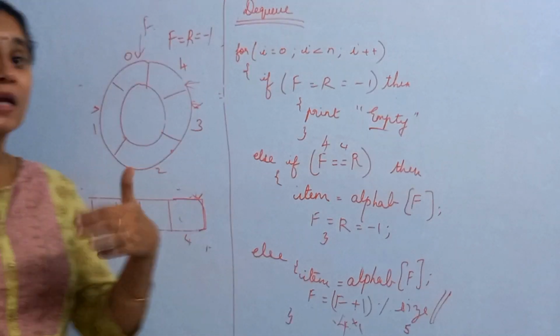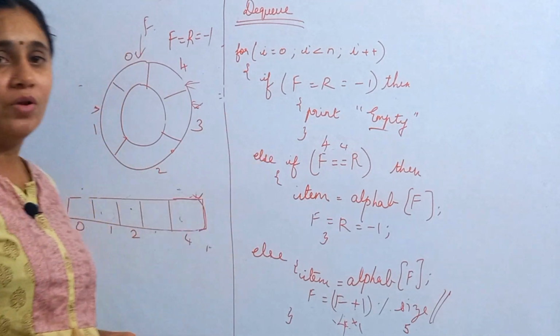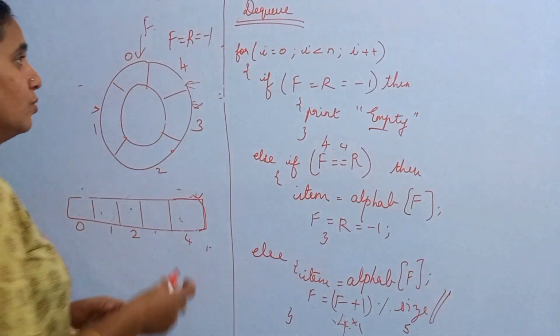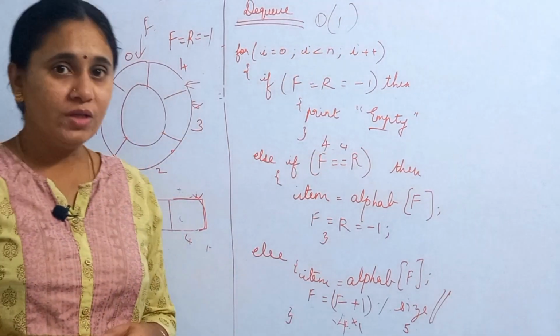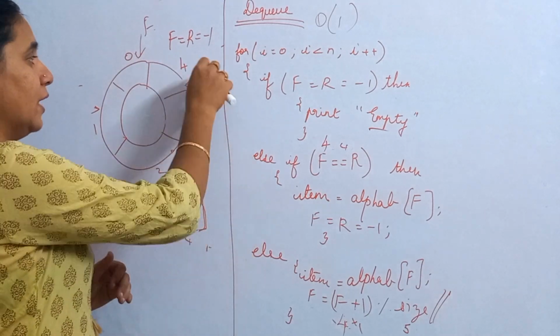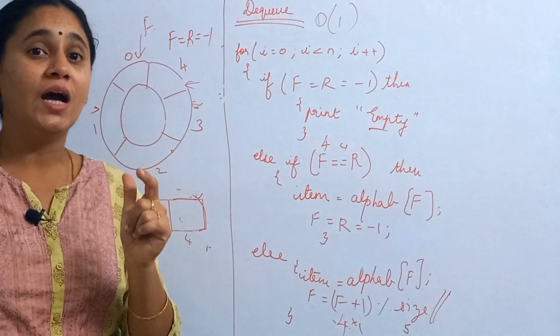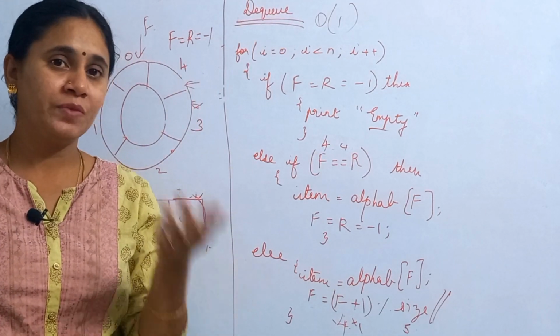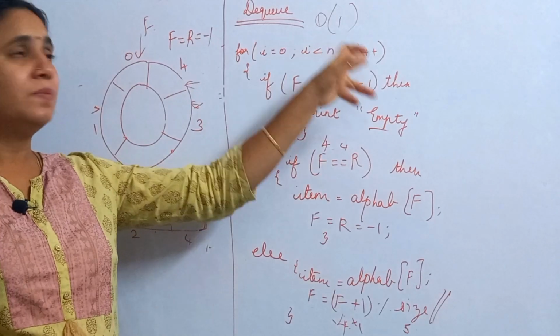We are not making n number of moves, right? So the time complexity of the front pointer, that is the deletion operation, we can say is also O of 1. Okay, can you understand? We are not making n number of moves for making a deletion. Just by one move, we are deleting an element. Okay, wherever the position of the elements may be.